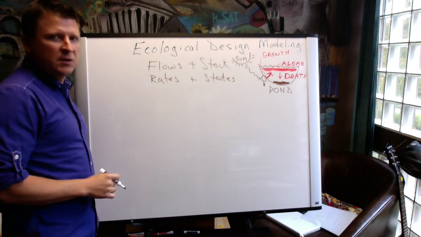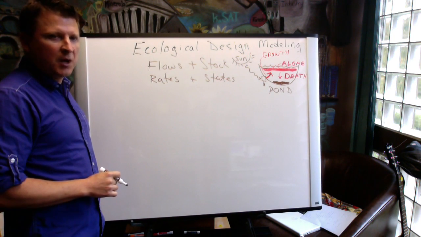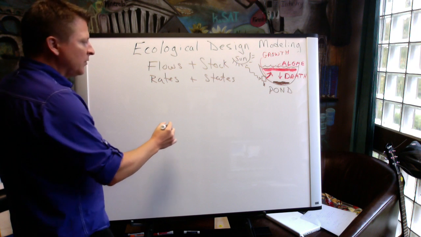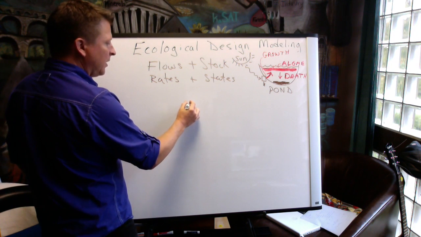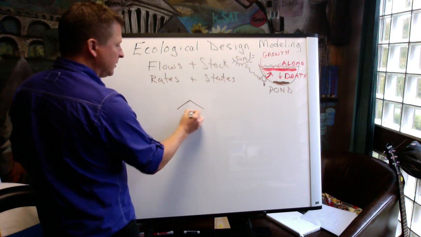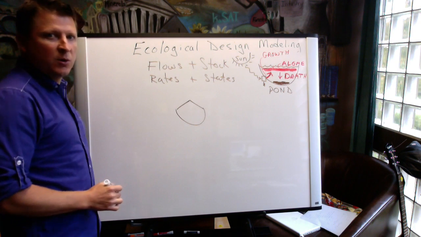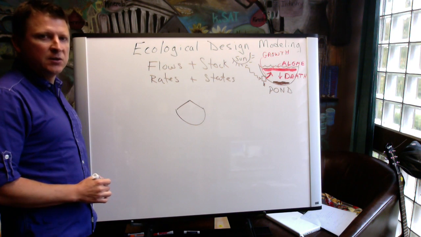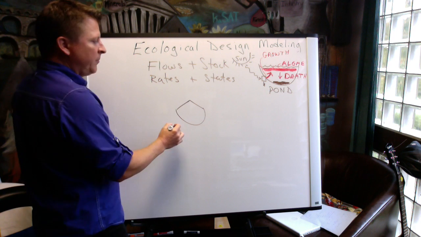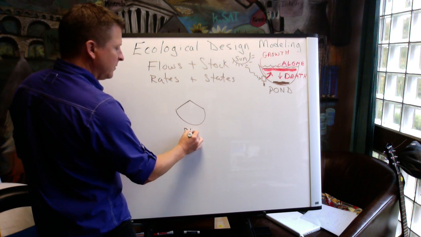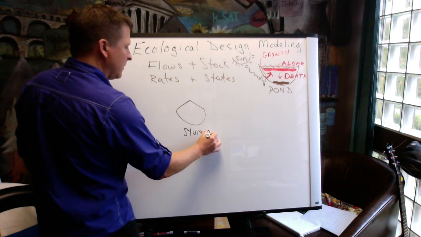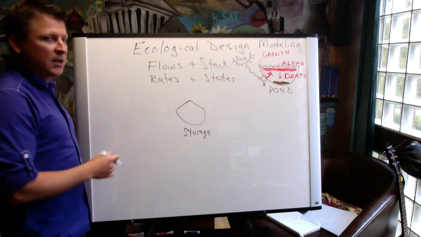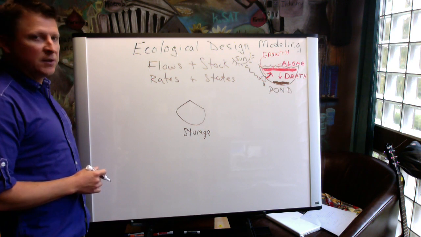These are the two basic components of our systems models. So in our case, we would have a storage of algae. This is our storage symbol. We're using the energy system symbols. So this is a storage, or a stock of algae, if you will, in this example.